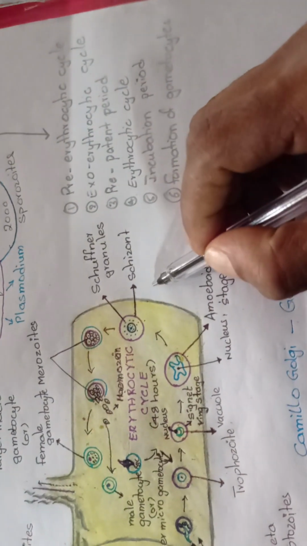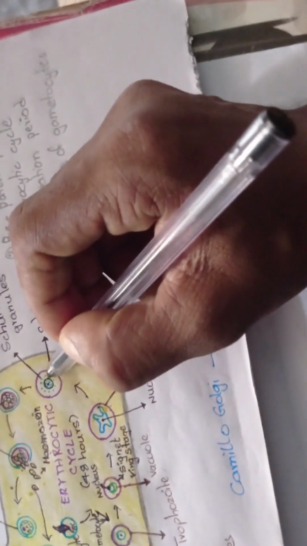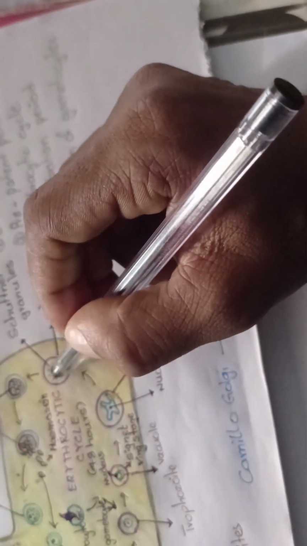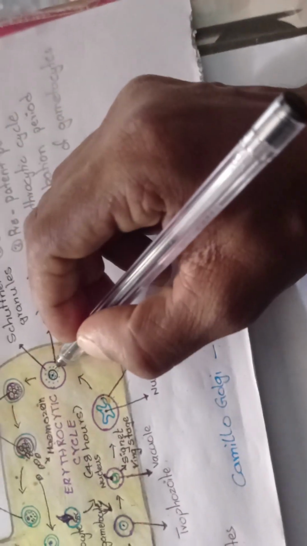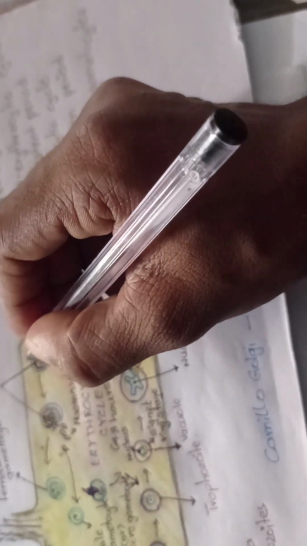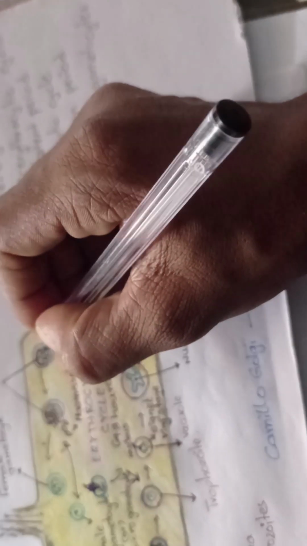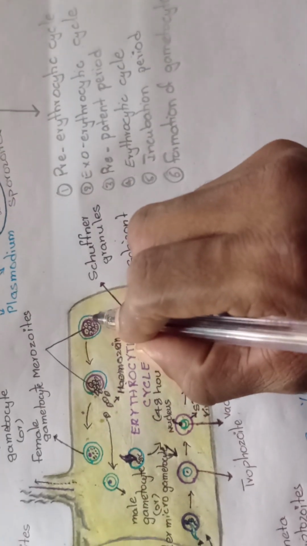After this amoeboid stage, the zygote forms. Inside the zygote, Schüffner's granules will develop. After this process, the merozoites will develop.